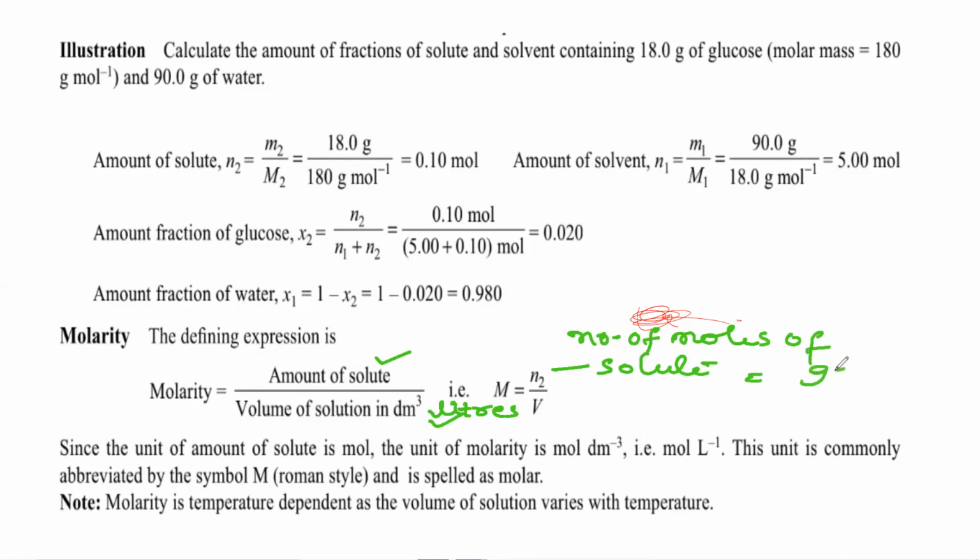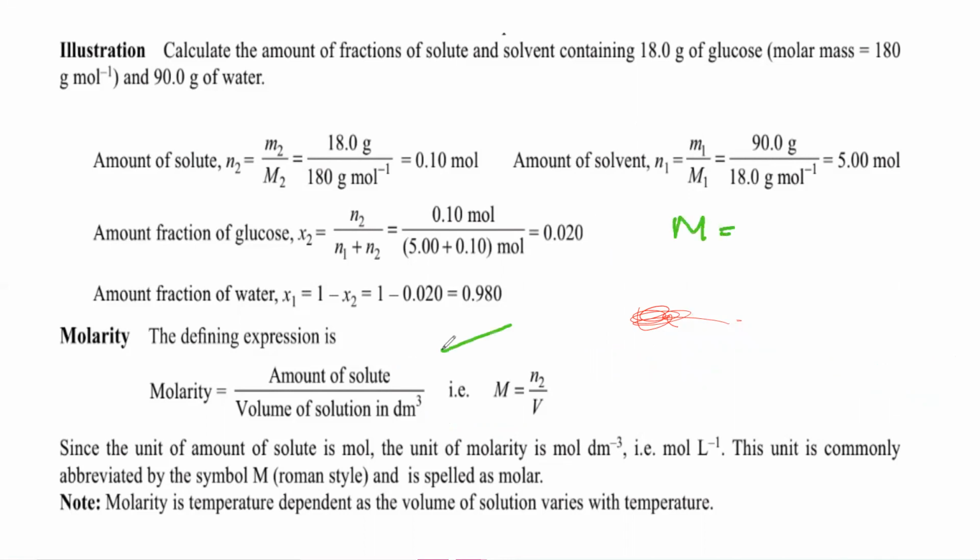So we can write the molarity formula as M is equal to weight of solute by molecular weight of solute, into 1000 by V, if the volume is given in milliliters.